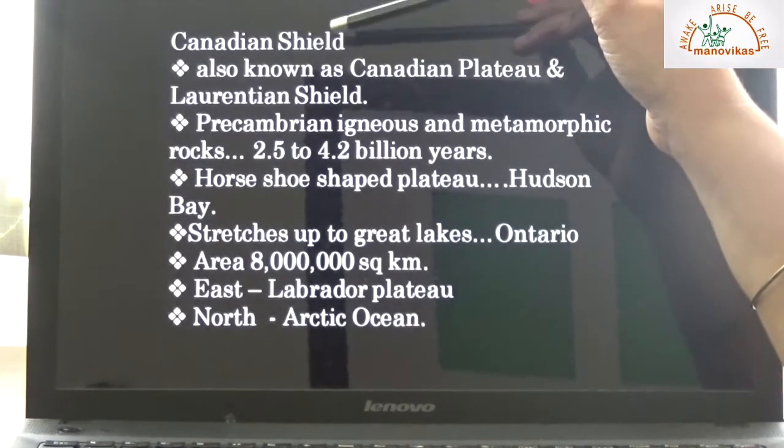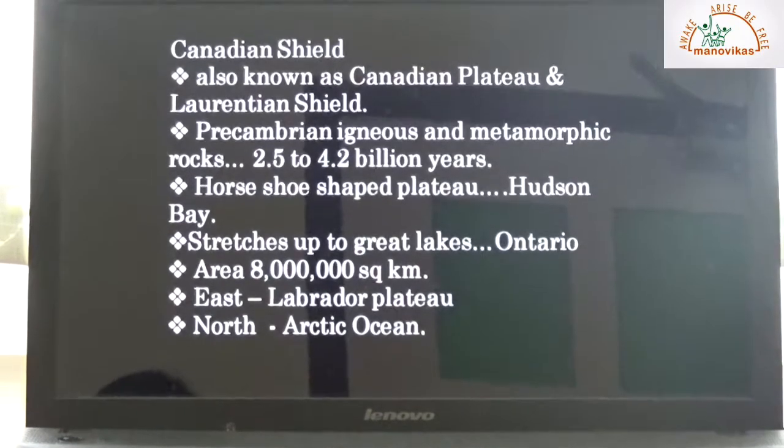Okay. Now what exactly does the term shield mean? Shield is the most immovable part of the earth's surface. It is the result of volcanic eruption, the lava which gets solidified and gets converted into hard rocky surface. Such plateaus or such areas are known as shield areas.